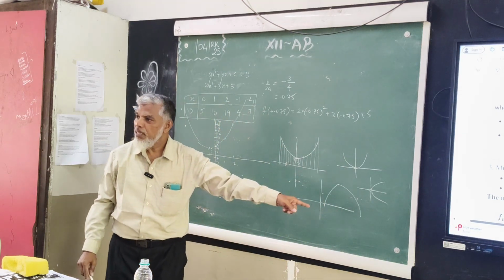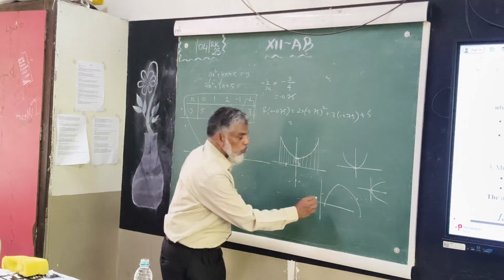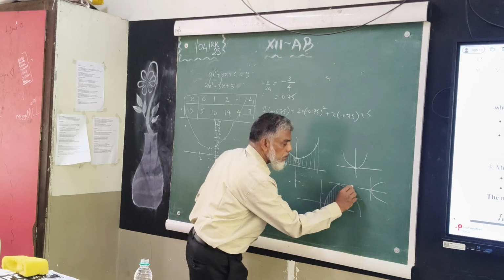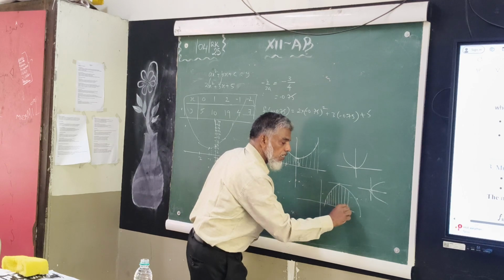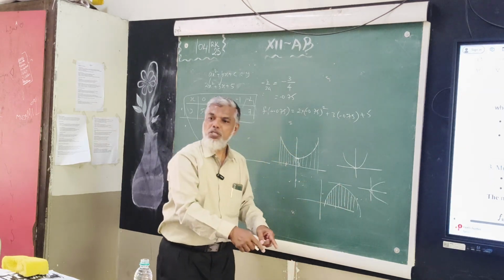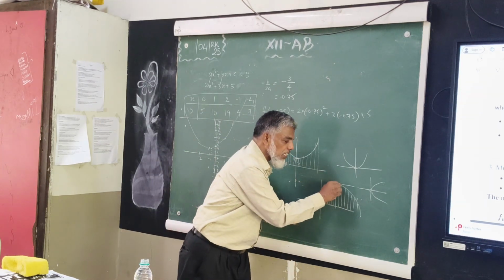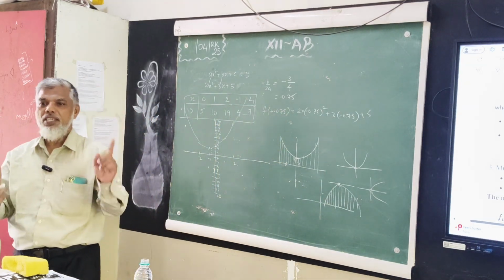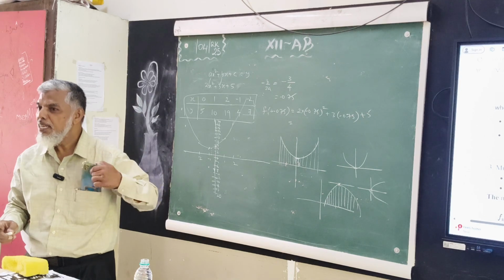Now come to here. Is it a parabola? Yes, it is a parabola. Now look at the values. Values are increasing, here it reaches a maximum, again it is getting reduced. So the maximum value occurs at the vertex. The vertex only will have either a maximum or a minimum.